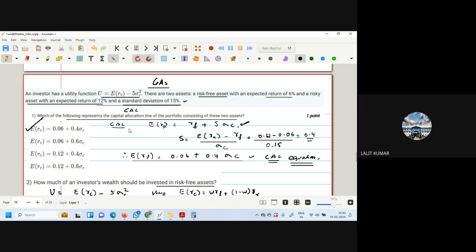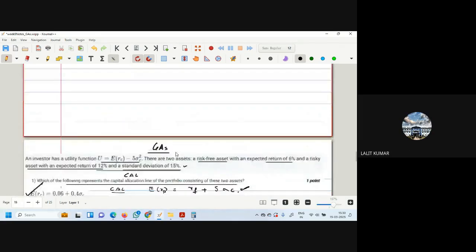Anyone, any doubt in this? So directly using the formula, right? If you have forgotten the formula also, you can start building that formula here. The steps: first, expected RC is equal to 1 minus W RF plus W into expected RP. This will become RF plus W into expected RP minus RF. So this is your first formula.